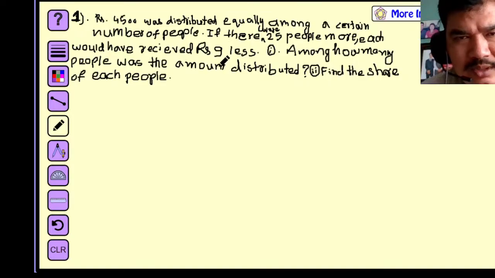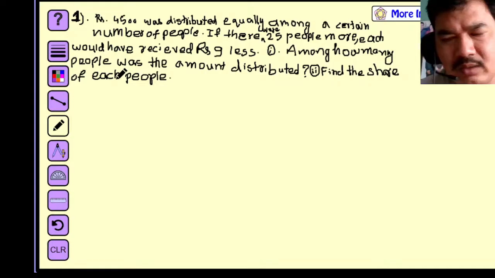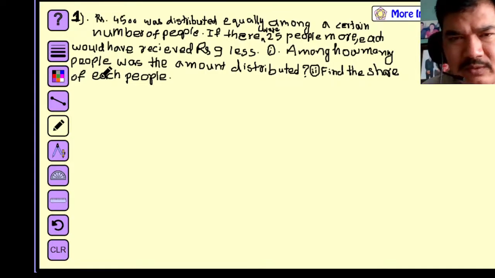From this question, the first thing asked is to find among how many people the amount was distributed. First of all, you have to find the number of people, and then second, you have to find the share of each person.